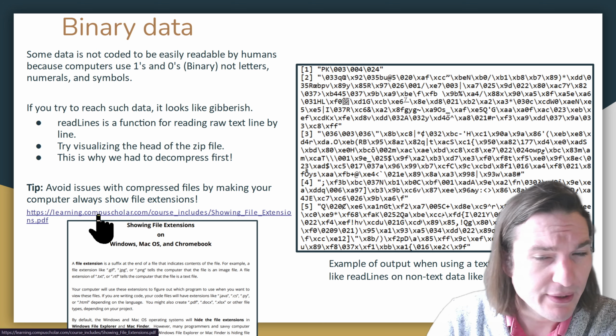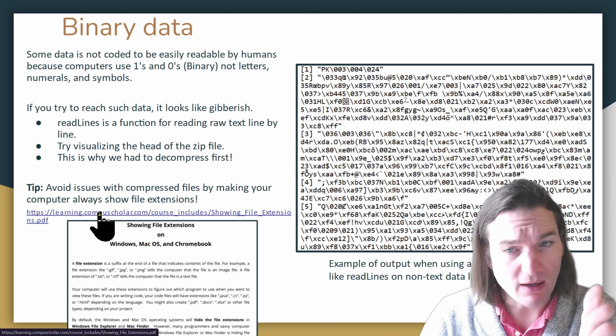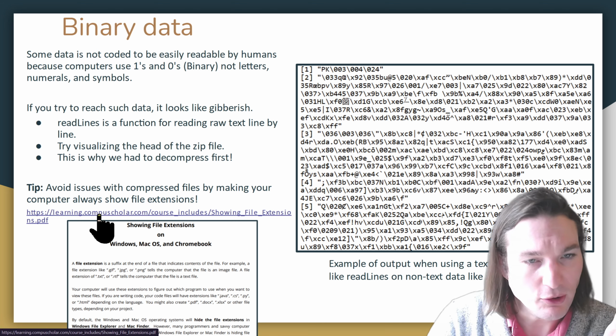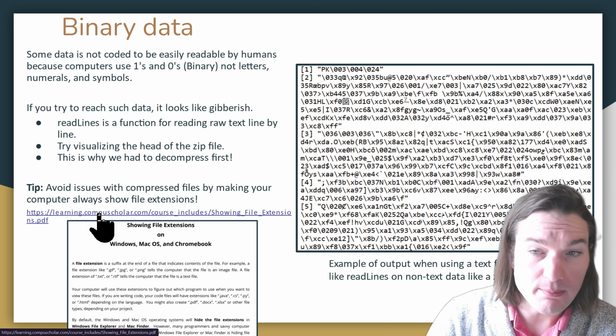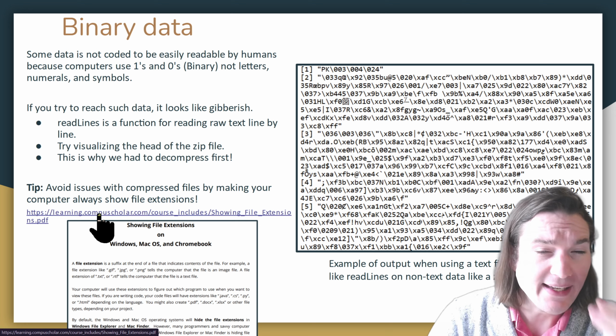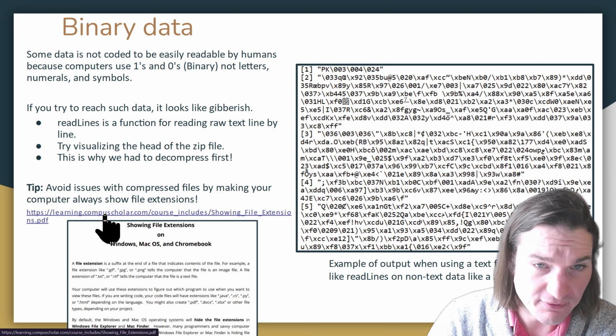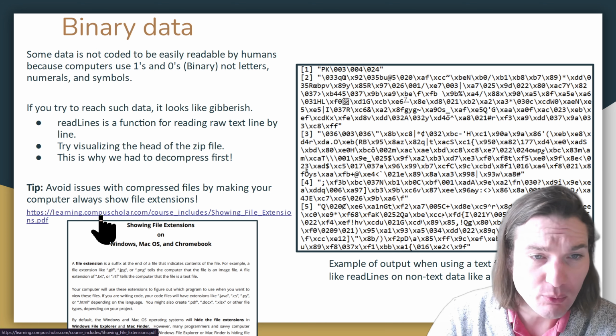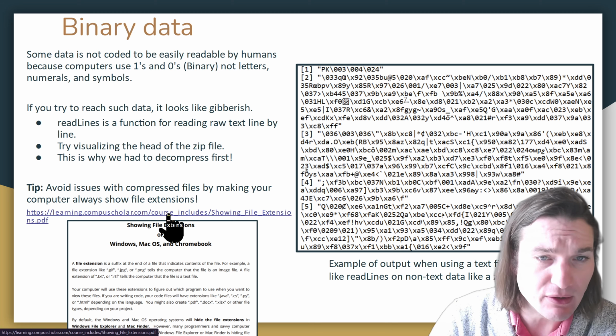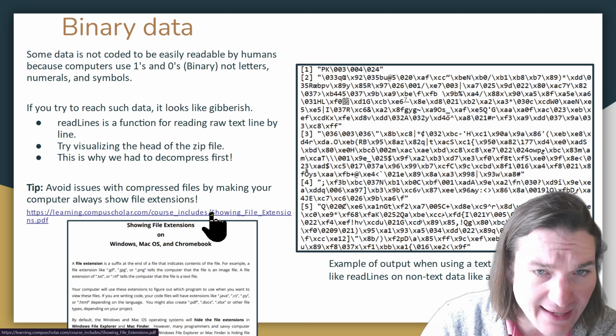Now, one tip I have, and maybe pause this video here, is to follow this link and change your computer settings so that it always shows file extensions. I cannot tell you how many hours of time some of my students would have saved if they had just followed this advice at the beginning of the class.